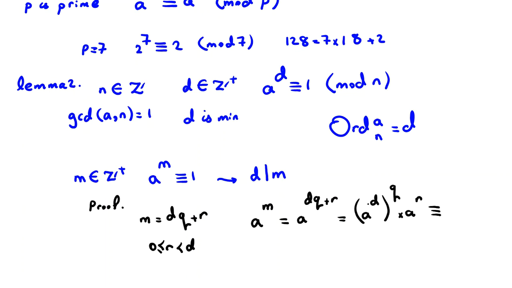We know a to the power of d is 1, because d is the order, by the definition. So it will be 1 times a to the power of r, and we know a to the power of m is 1 mod n. So we found that a to the power of r is 1. If r is positive, r is less than d, and by the definition, d was the minimum such that a to the power of d is 1.